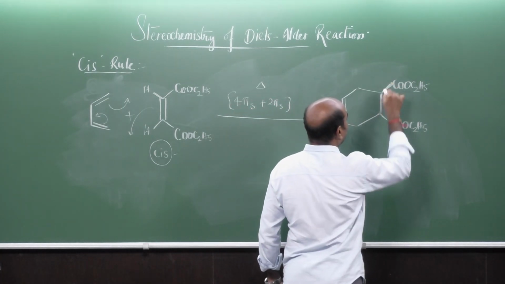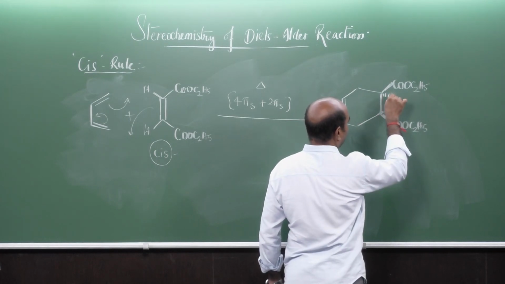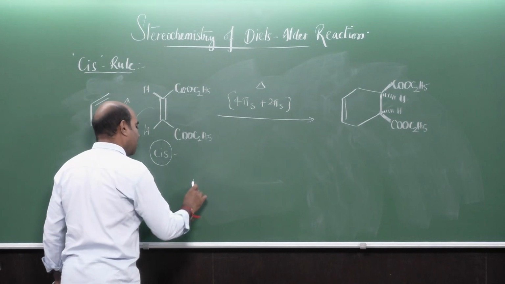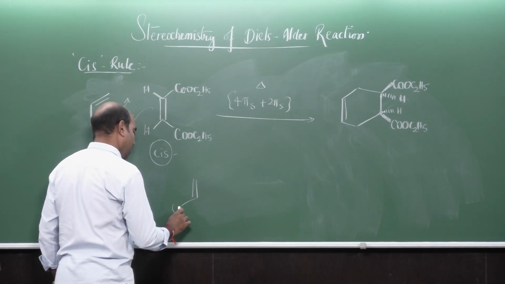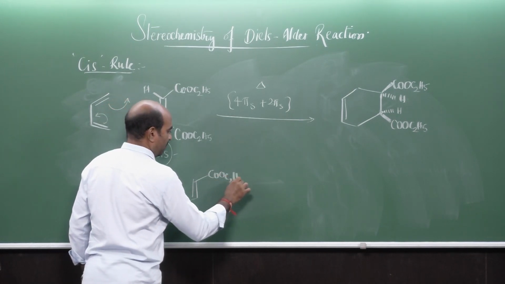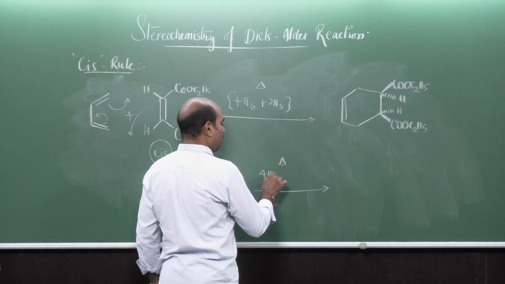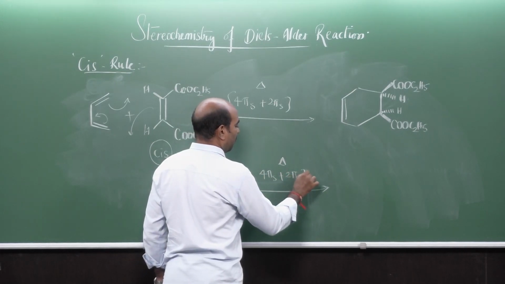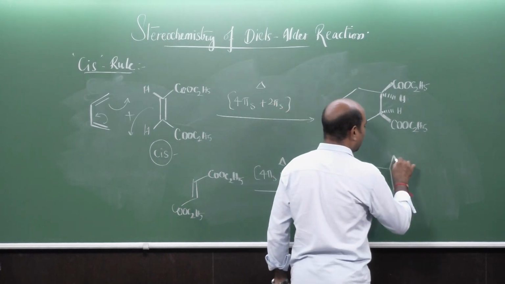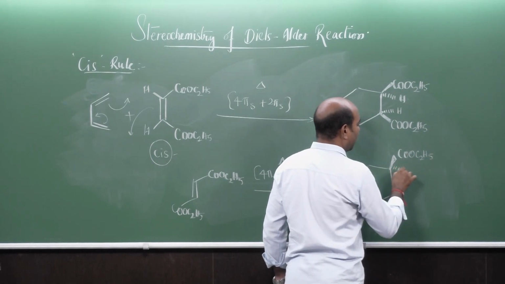So, you can write like this. If the dienophile is trans, still it undergoes 4-pi supra plus 2-pi supra cycloaddition reaction, and in the cyclic adduct what you will be able to see is that the trans stereochemistry of the dienophile is still retained.